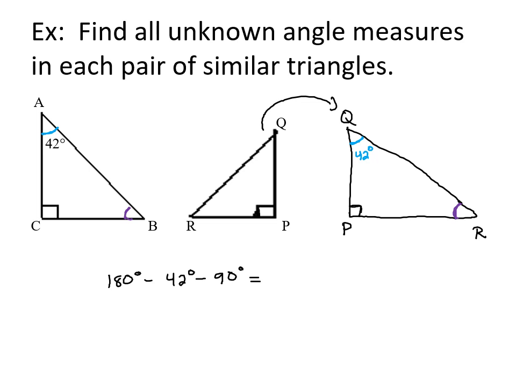So 180 minus 42 minus 90 gives you 48. This is 48 degrees. That 48 would be not only B, but also R, because they are similar. The angles are usually easier to do than the sides.